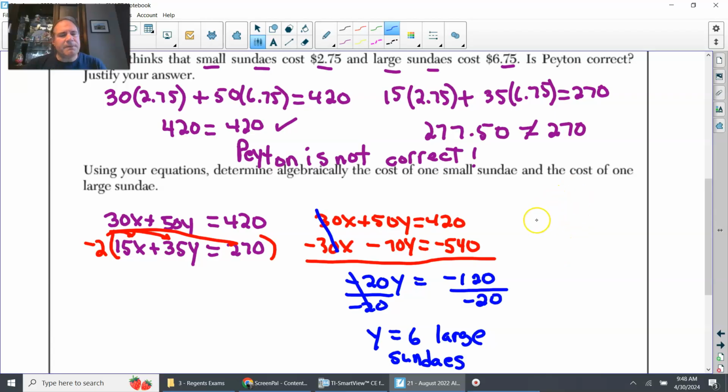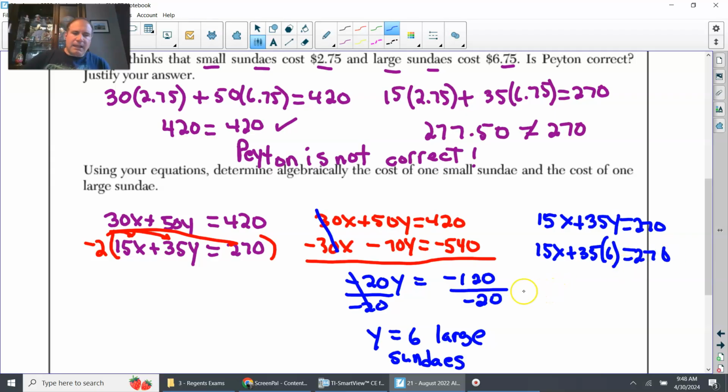Now you just pick one of the equations to substitute back into. You have 15x plus 35y equals 270. I'm going to do 15x plus 35 times 6 equals 270. 35 times 6 is 210, so 15x plus 210 equals 270. That's where I was getting that 270 from. Now you just solve it for x.